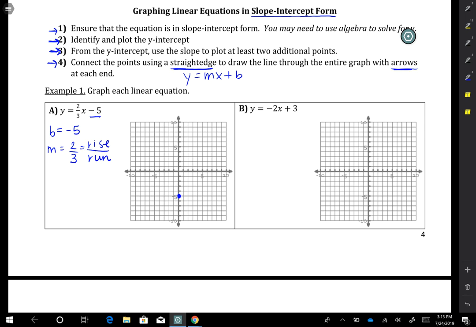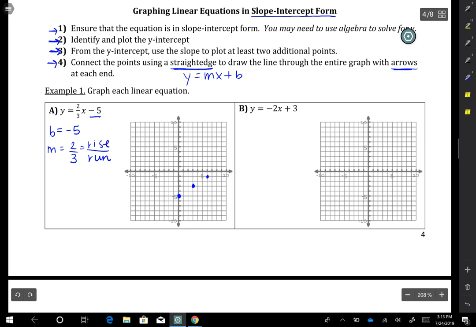Since this is a positive slope, that means we're going to go in the positive vertical direction, and the positive horizontal direction, which would be up and right from our y-intercept. So from that 0, -5, I'm going to count up 2, right 3. Up 2, right 3 gets me to this point right here. I'm going to do that again, up 2, right 3.